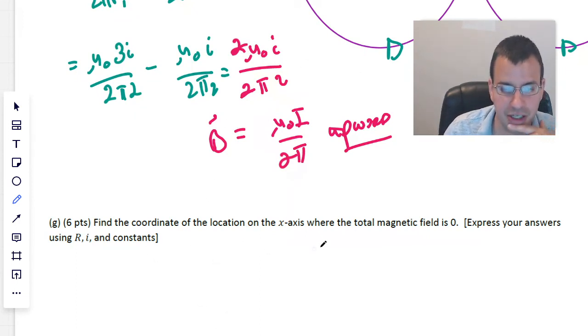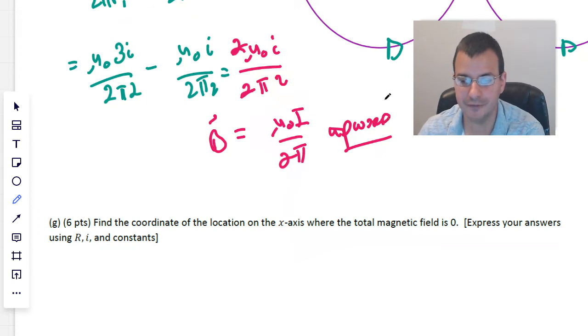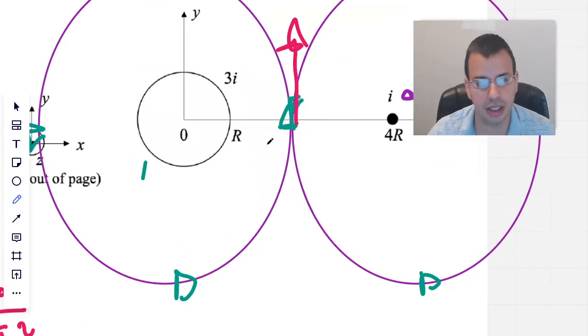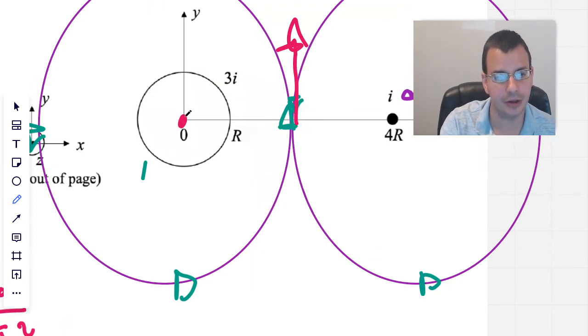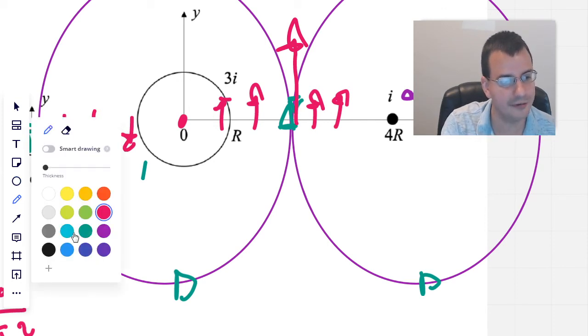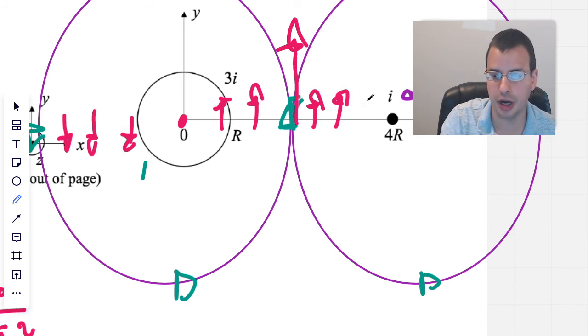Find the coordinates of the location on the x-axis where the total magnetic field is 0. Okay, so it's the same idea here. This wire is going to create a magnetic field going up here due to 1, and down on this side. The other wire creates a magnetic field going down here.